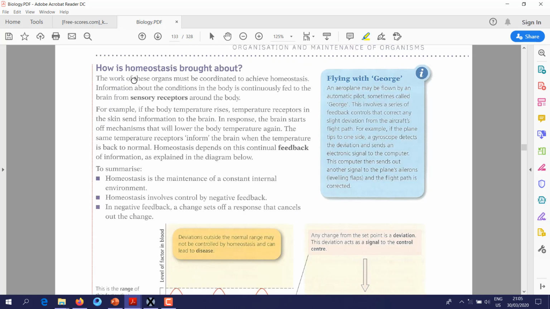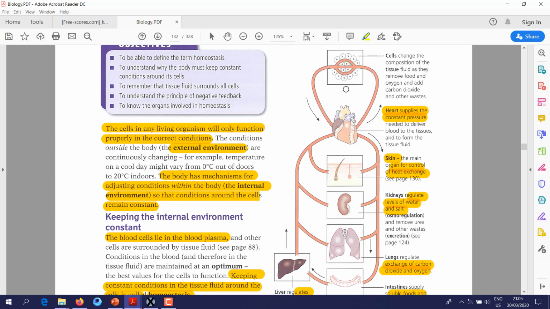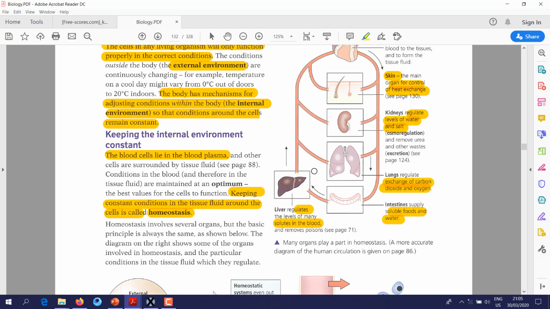How is homeostasis brought about? How does the process of homeostasis happen? Firstly, the work of these organs must be coordinated to achieve homeostasis. What does that mean? We said all of these organs are responsible for homeostasis, but how do they maintain it? They should all work with each other.